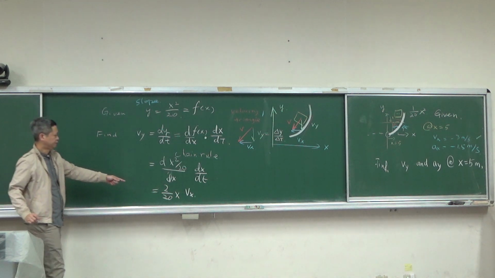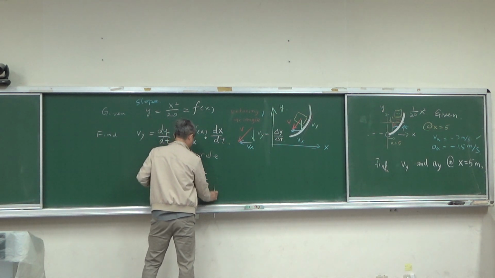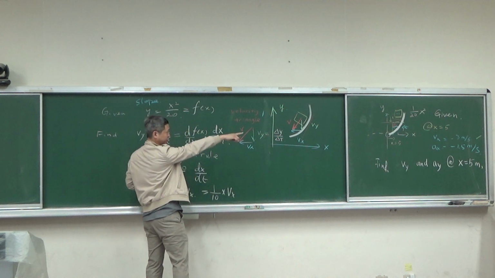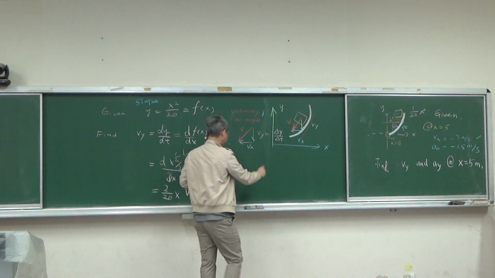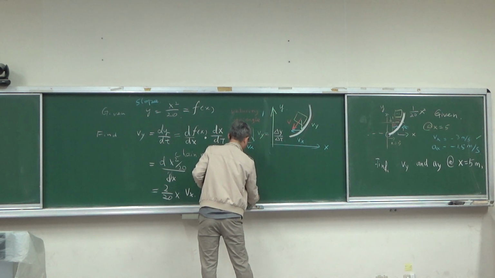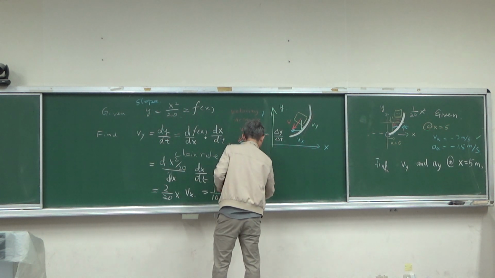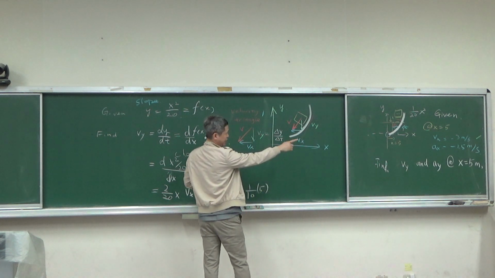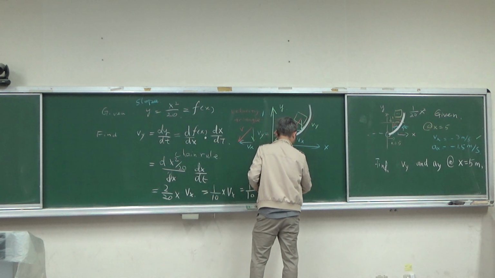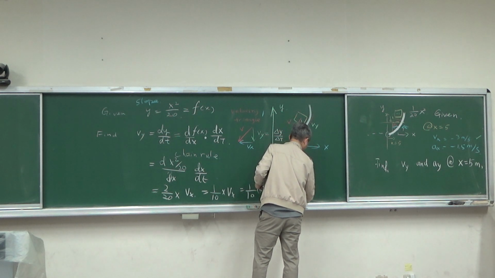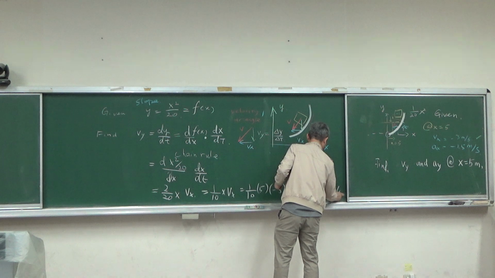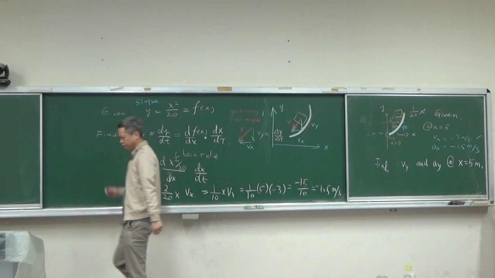Look at that, this is now 1/10 x times dx/dt. If you now do the substitution of the values, you have 1/10 times x at 5 meters times dx/dt equal to minus 3. Then you have minus 15 over 10. This is minus 1.5 meters per second.